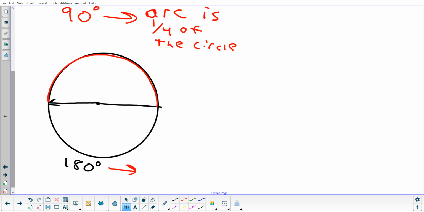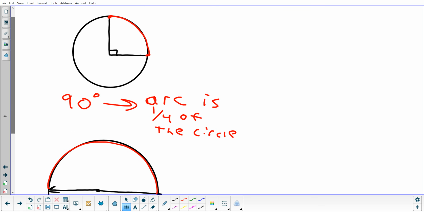Half. So what ended up happening is if you doubled the size of the angle, it also doubled the size of the arc. Those two things always change together. If I were to triple the size of an angle, it would triple the size of the arc. If I made the angle half as big, it would make the arc half as big.